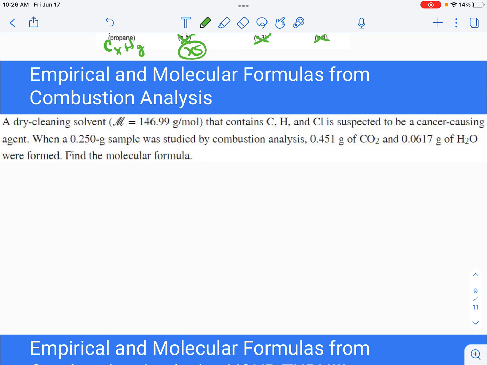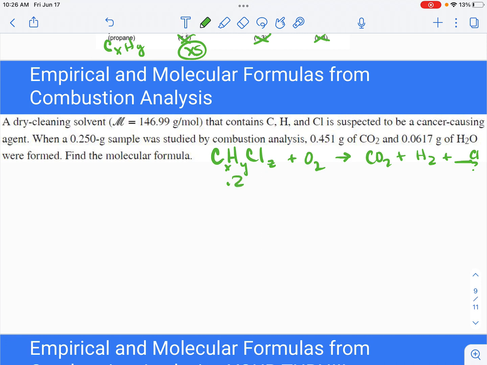And I just want you to always be thinking, I have some CH compound. This one also has Cl, so I don't know the subscripts, and I'm going to combust it. And I'm going to get CO2 and H2O and some other something that contains Cl. Okay, but they didn't tell me about this, so I need to just focus on the other 2.